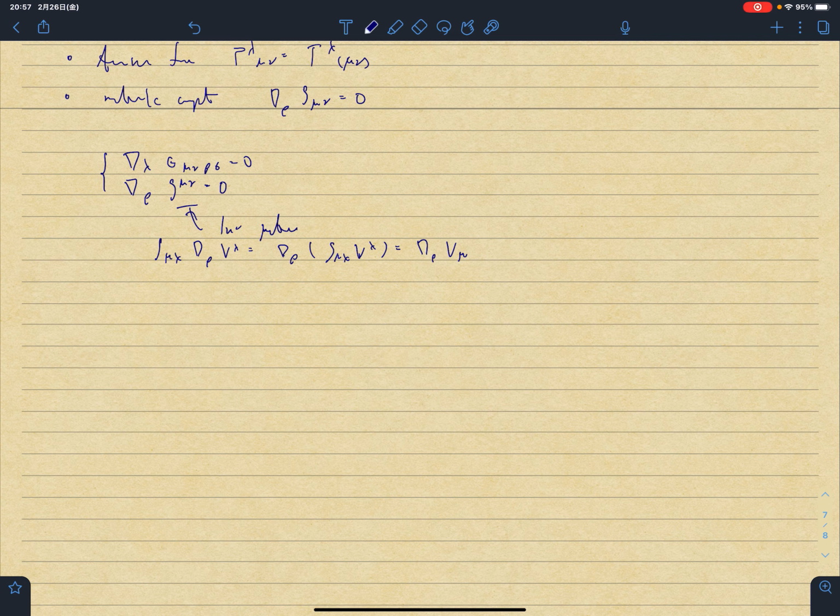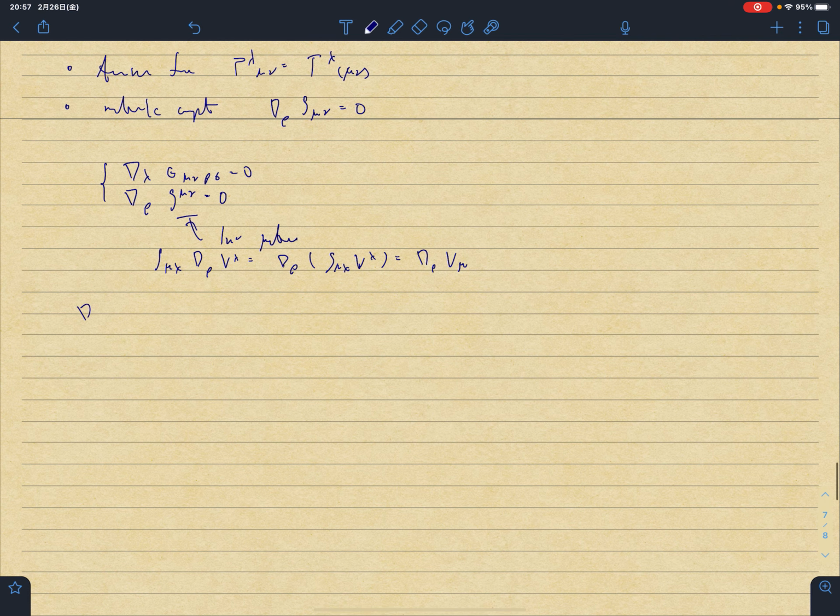To accomplish this, we expand our metric compatibility condition for three different permutations of indices.